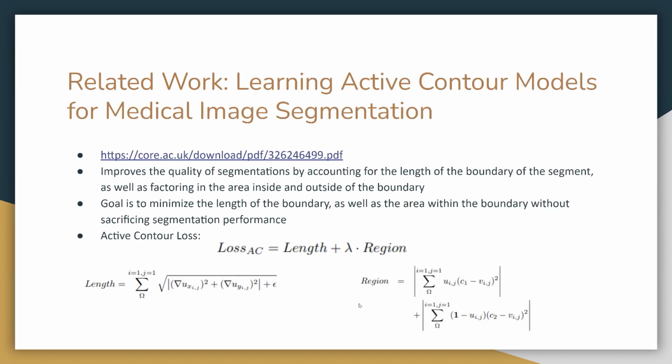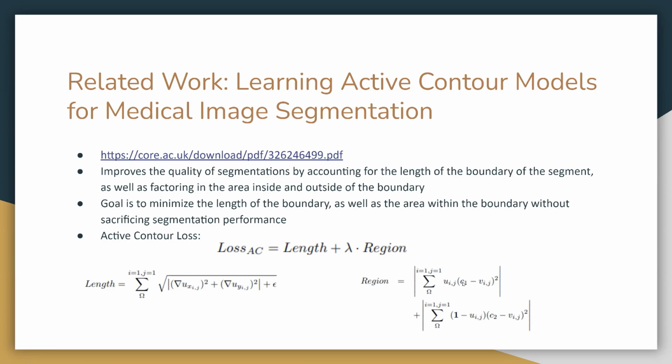And here you can see a more detailed mathematical breakdown of what each of these terms are, the length and the region. U_x and U_y are the calculated boundaries or the gradient in the X direction, so horizontal, and the Y direction, which is vertical. And that's for each pixel.